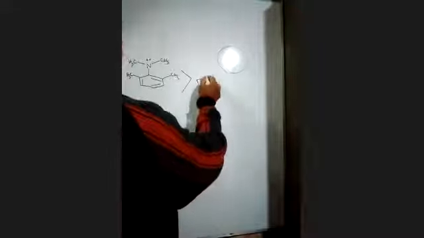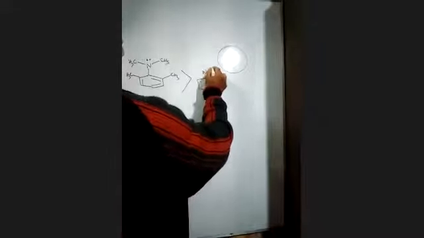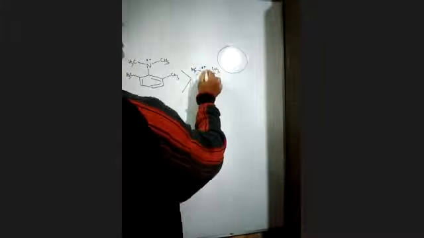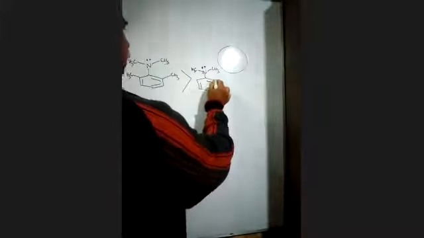In this case, this lone pair will never go inside the phenyl ring because this is not planar. This is the most basic. Now I can write it in this way. These examples are given in our entrance exam.